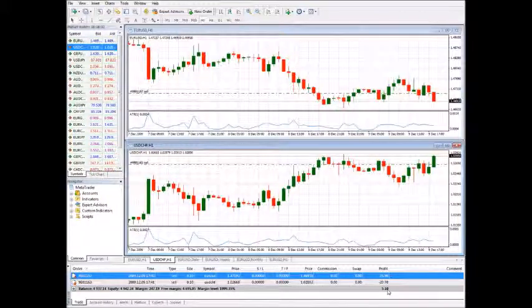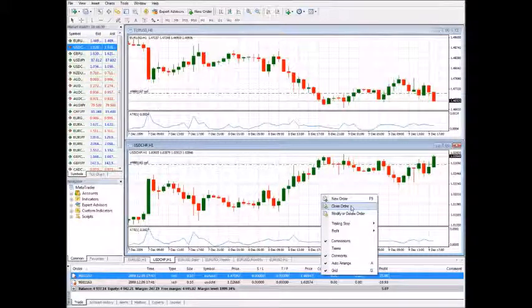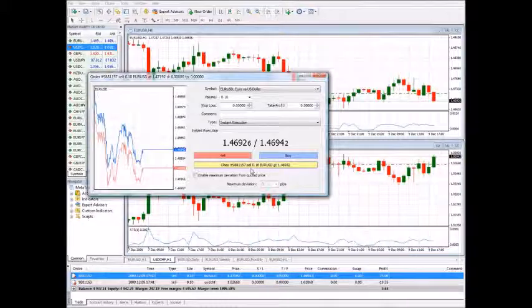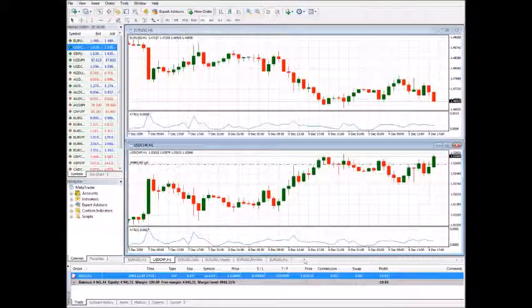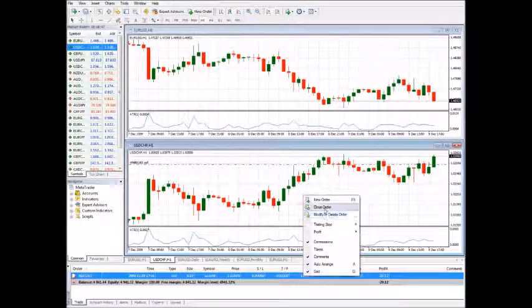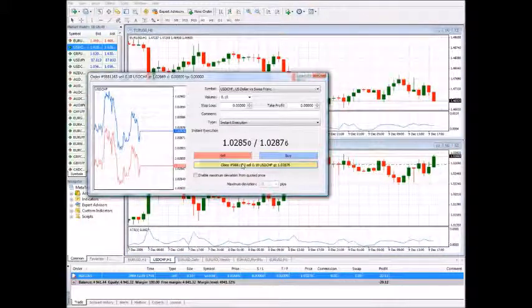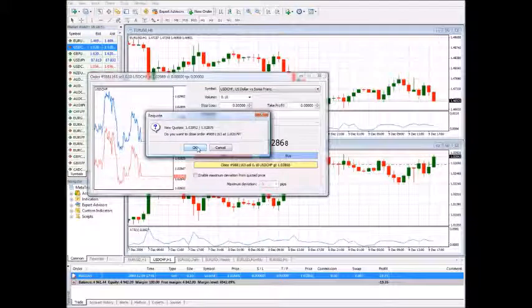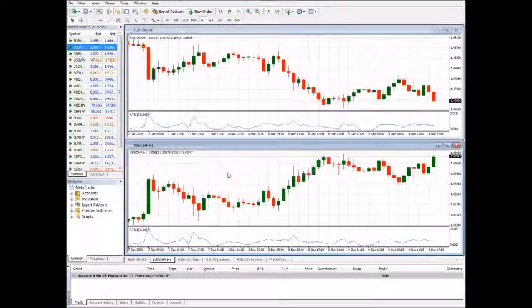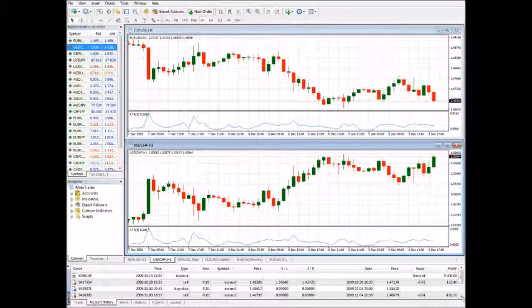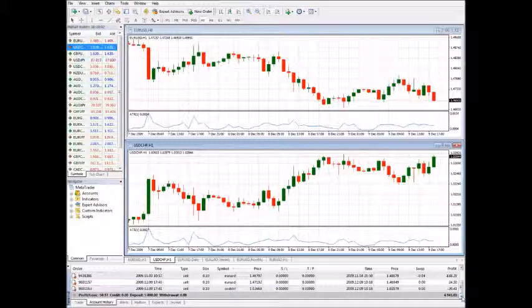Or if you're in a scalping mood, like we're going to be right now, we're going to jump in with just a little bit of profit, and we're going to close that order. Done. Okay, let's see, account history shows the last 2 trades.